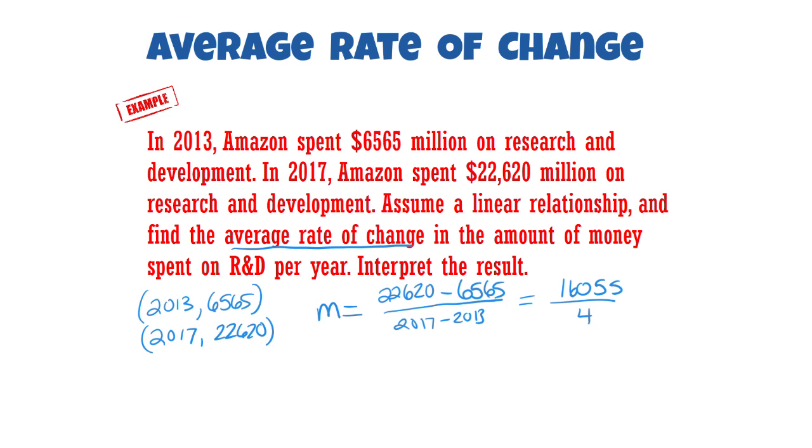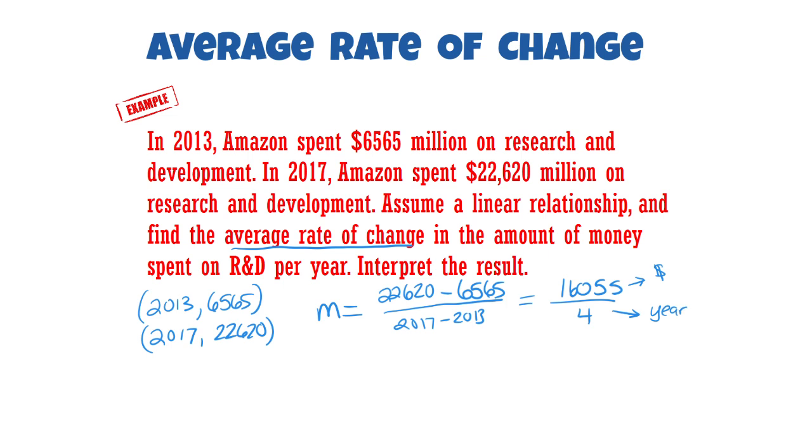But what I'm going to say on this is that remember these are your y values, and your y's are representing money. These are your x values, and that's your years.